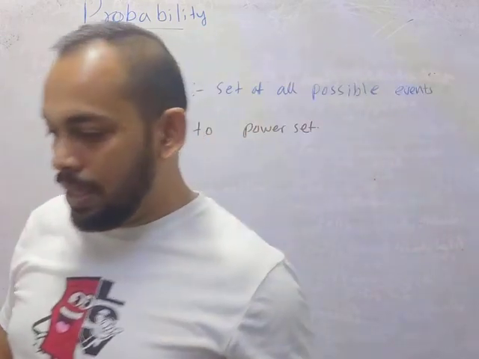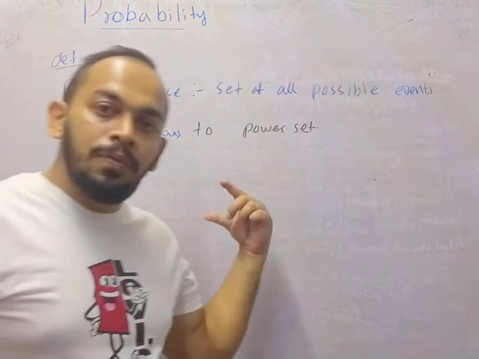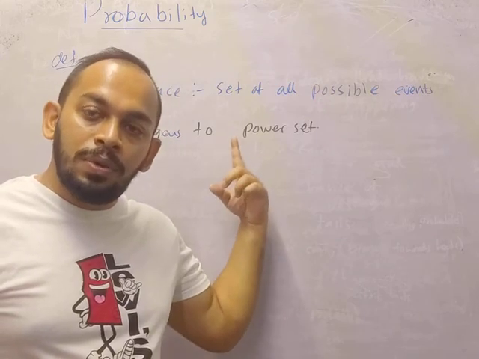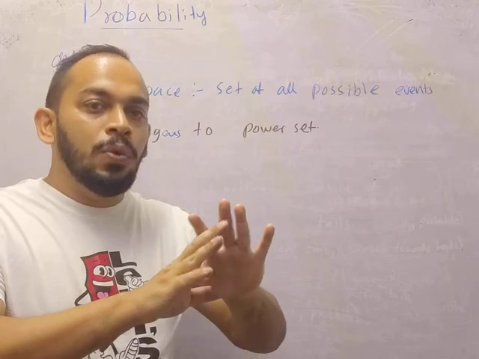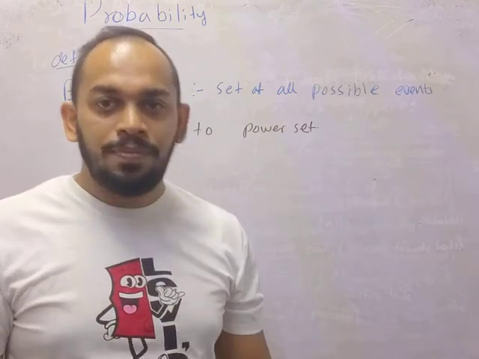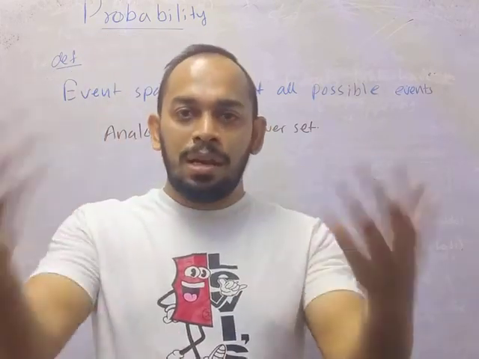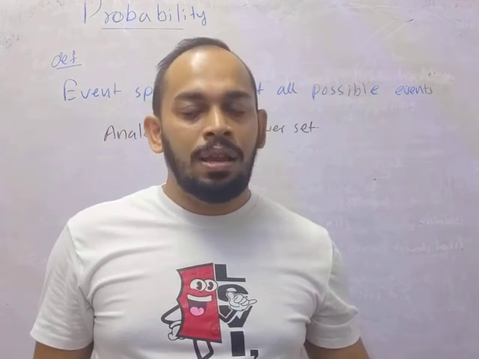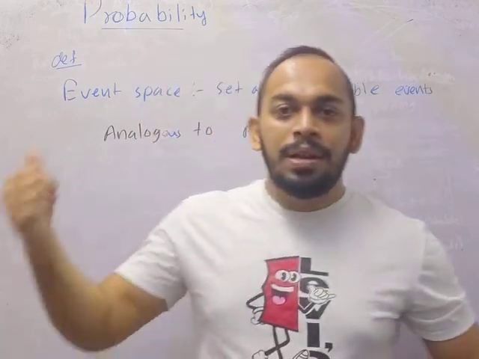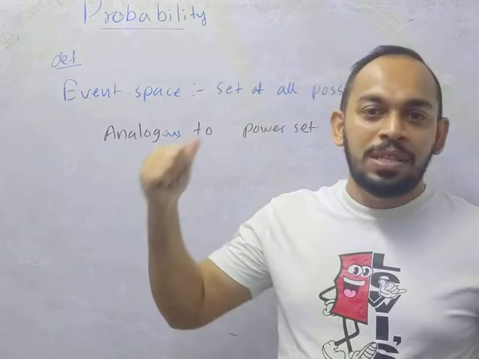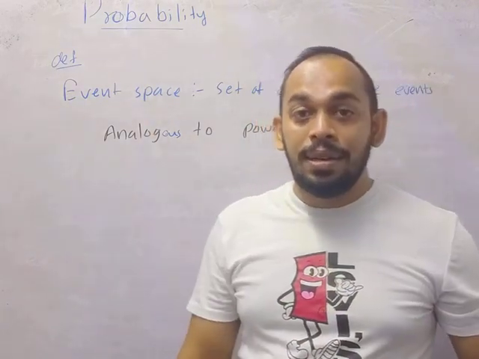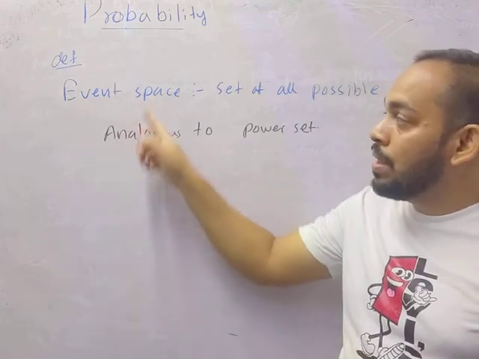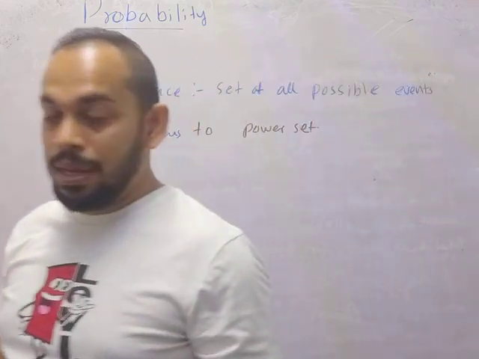Same meaning. And why do we use two different words here? Because sets don't worry about random experiments. A set can be a random experiment or can be something else. But in probability, we deal with random experiments only. So we have to come up with a different word. That's why we use event space.